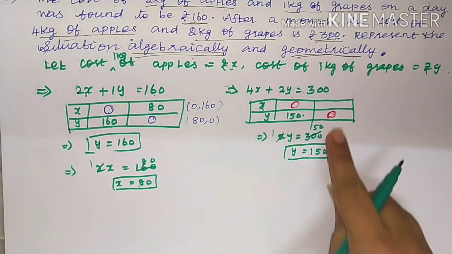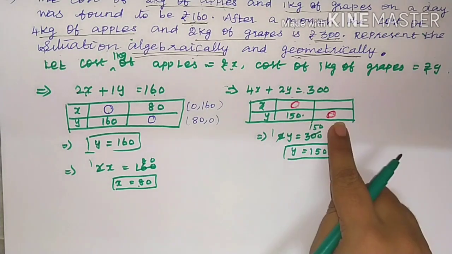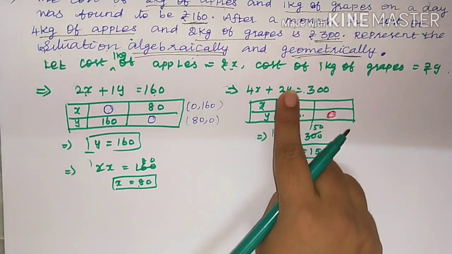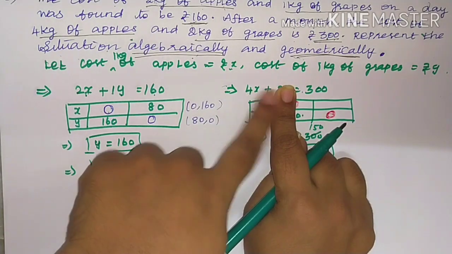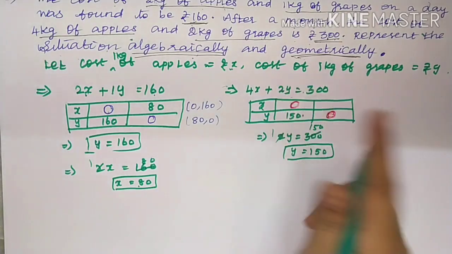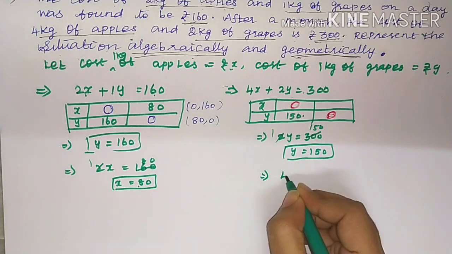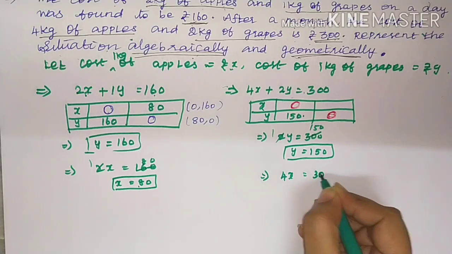The next one, if you substitute y equal to 0 in this equation, the second term vanishes. Then what you will get? 4x equal to 300.